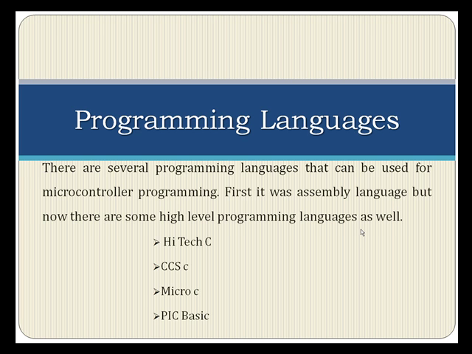But nowadays, there are high-level programming languages to program microcontrollers. High-tech C, CCSC, Micro C, PIC Basic, these are the most common high-level programming languages used to program microcontrollers. Most of these languages are types of C language.